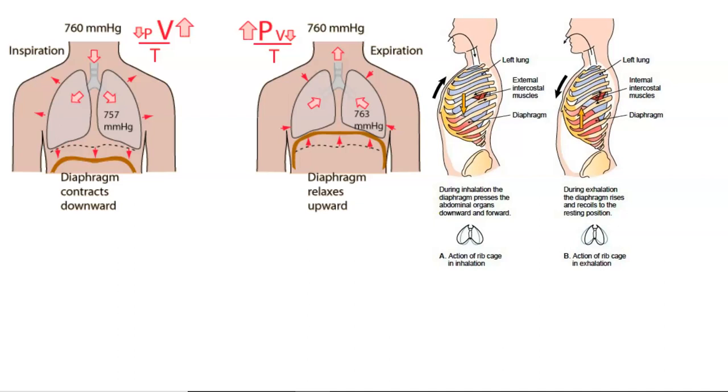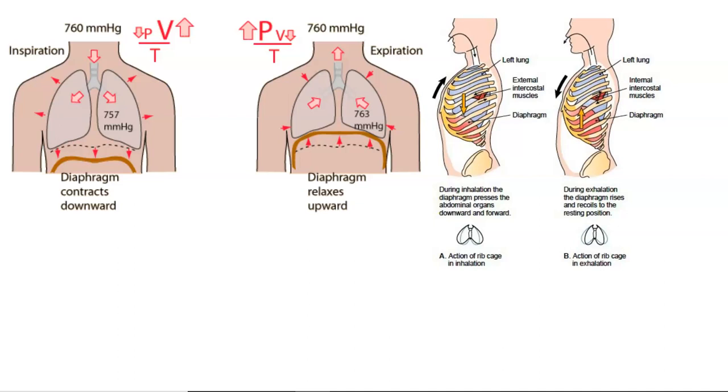The diaphragm also contracts, becoming flatter, which moves it down. These muscle movements increase that volume. They cause everything to expand out, which drops the pressure and pulls air in.